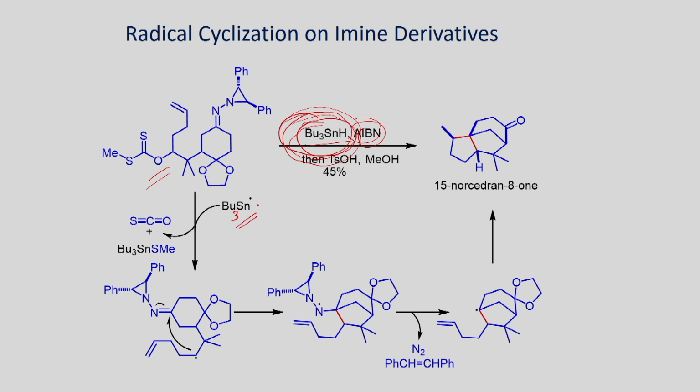Once you form the tributyl tin radical, this radical can react with this carbon-sulfur double bond, and you will be able to form this intermediate.